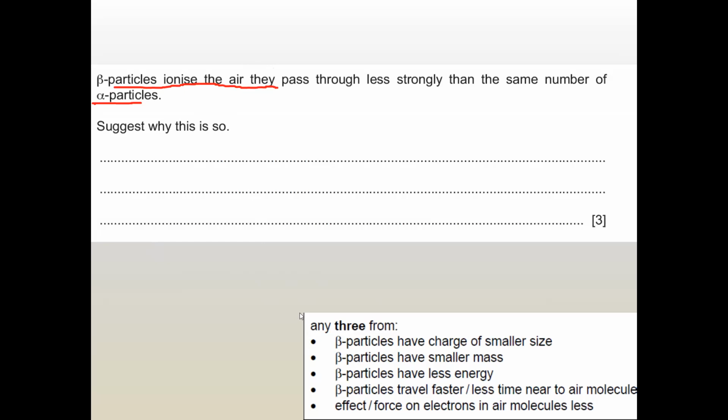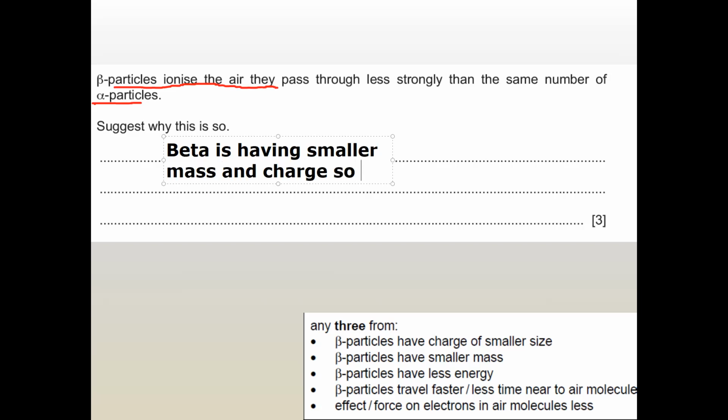Beta has a small charge and small mass, so it exerts less force on the electron of an atom.